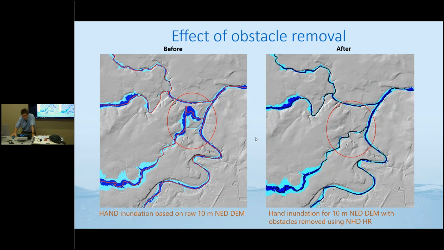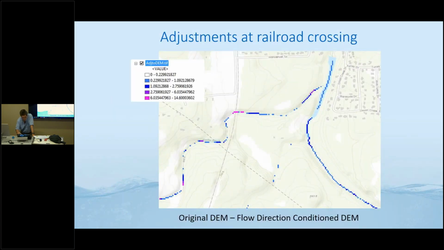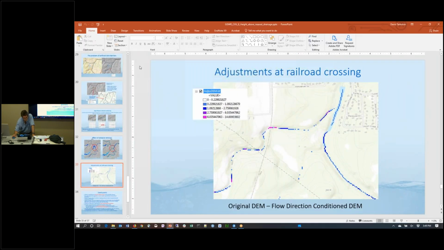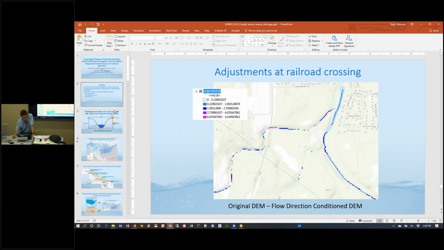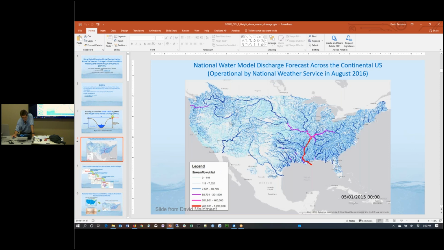So the National Water Model has a large number of dams in it. Where there's a dam, there's some sort of a routing model for it.